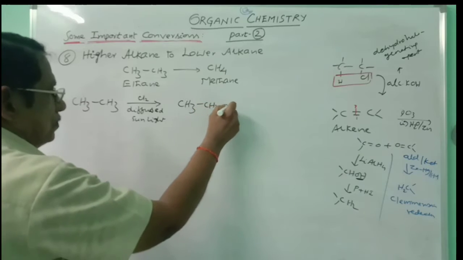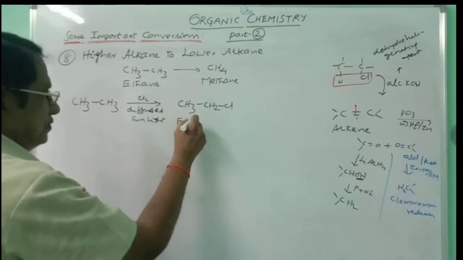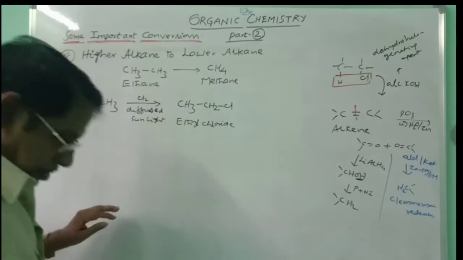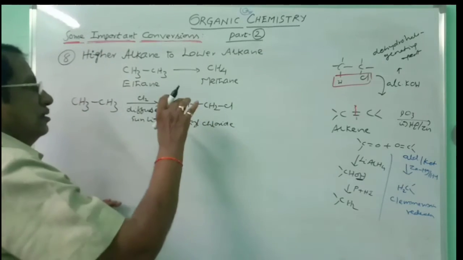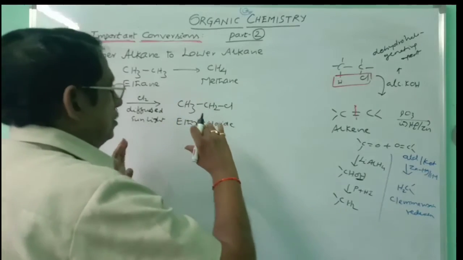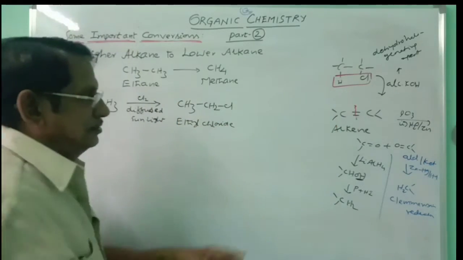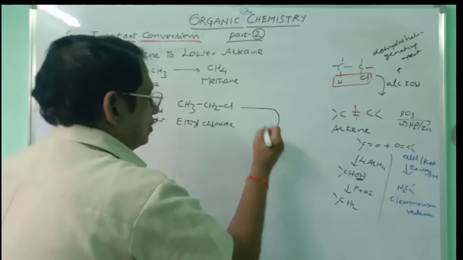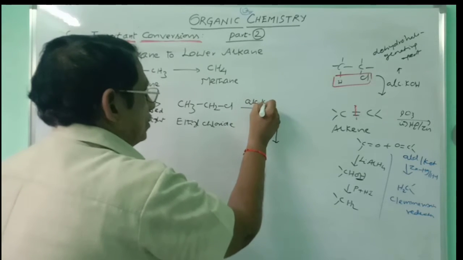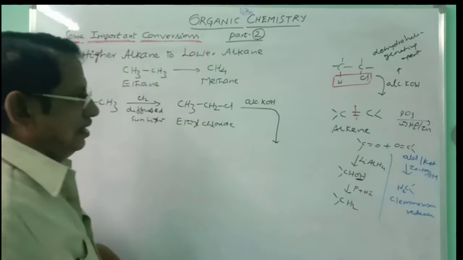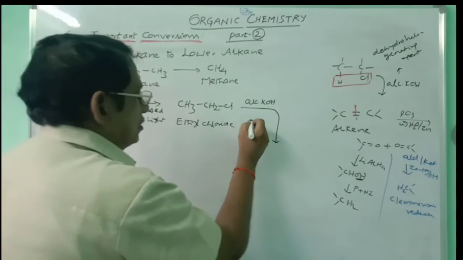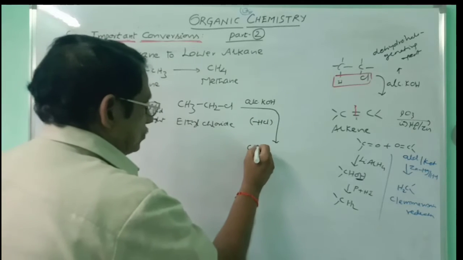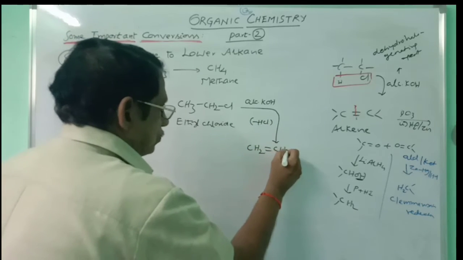It is converted into ethyl chloride, right? Later, if you want to degrade carbon, it is to be converted into alkene, as in this case. And so it is treated with alcoholic KOH, KOH in the presence of ethyl alcohol. Thereby, HCl will be removed from the alkyl halide. It is converted into CH2=CH2, that is ethene.